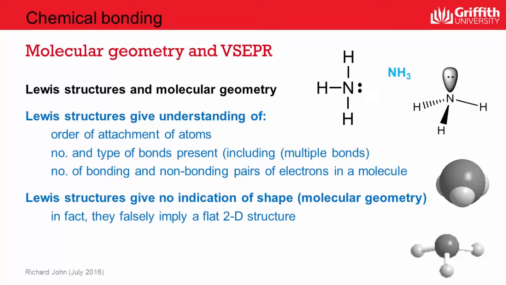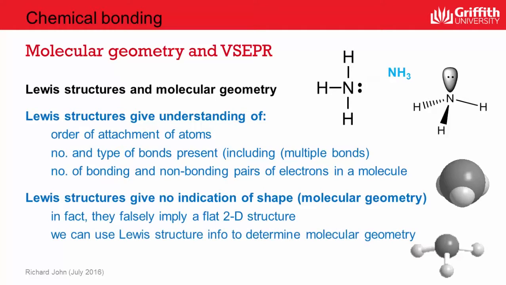Here we have three other representations of the ammonia molecule, which can actually give us a much greater appreciation of the overall three-dimensional geometric shape of this molecule. Nevertheless, despite the shortcomings of Lewis structures, we can still use the information present in a Lewis structure to determine the molecular geometry or the overall shape of a molecule.